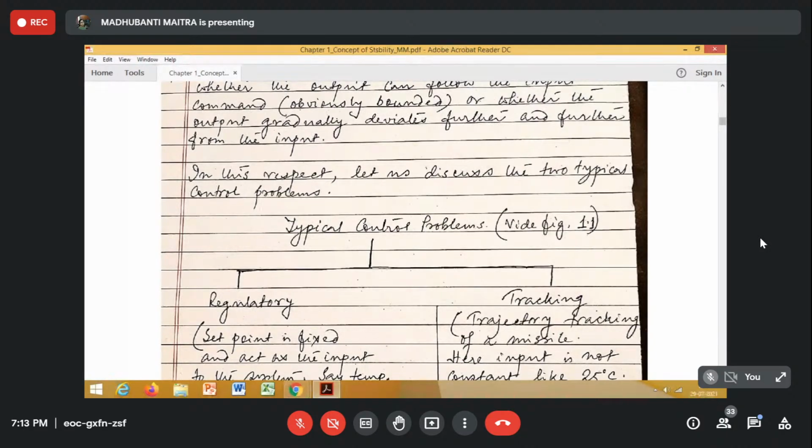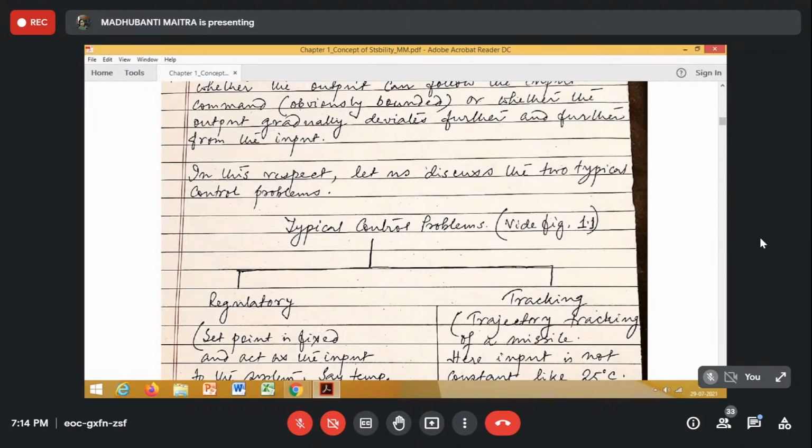So the input to the system is not fixed, it's a function of time. And accordingly, depending on the input trajectory, it's expected that the flight control system should be able to follow that particular pre-specified flight path.